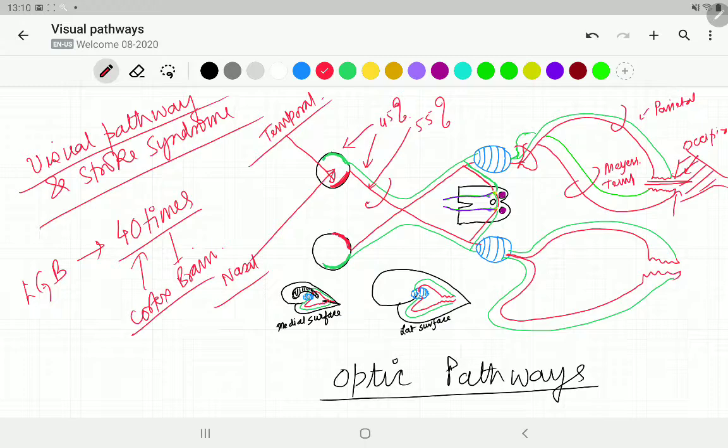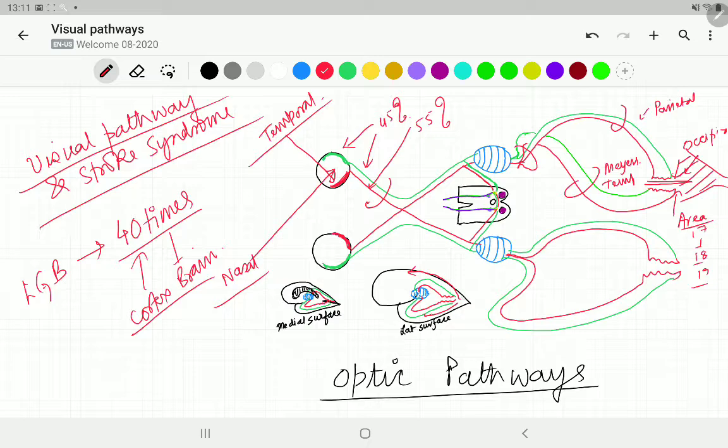Once the information reaches the occipital cortex, which is area 17, it then goes to areas 18 and 19, which are the associated visual cortex. And from there, the information goes to the parietal lobe and the temporal lobe.